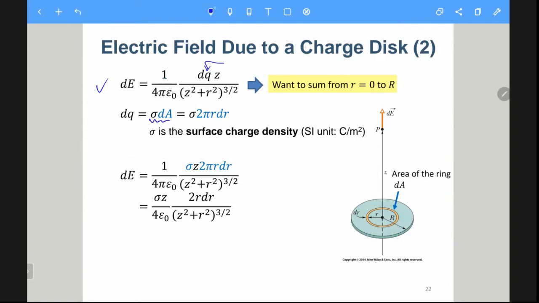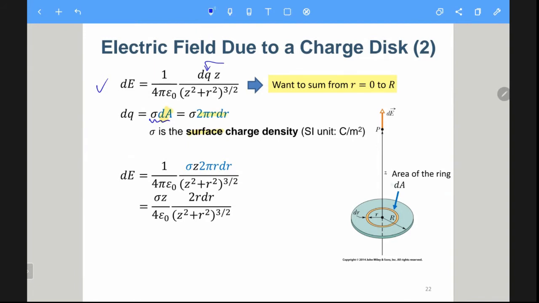Now it is not a line charge density anymore. It is surface charge density because it is an area. And this area is somehow like this, 2 pi r dr. So why will it be like that?